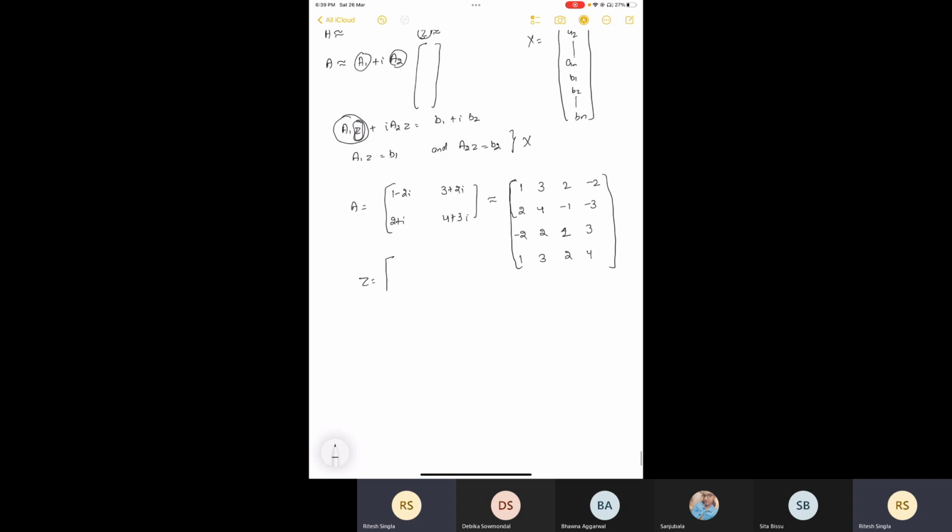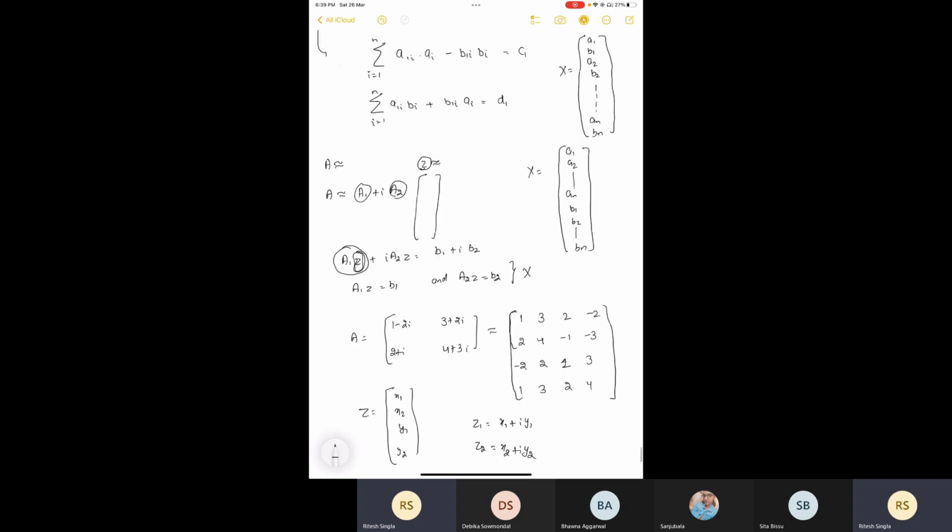And then what is your Z? It is x1, x2, and y1, y2, where probably you are writing your Z1 as X1 plus iota Y1 and Z2 as X2 plus iota Y2. Isn't it? Yes, sir.